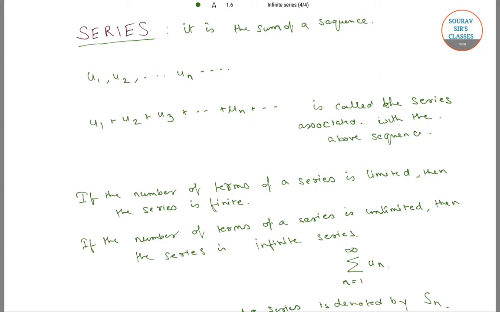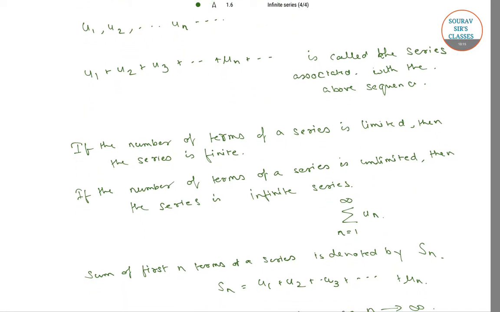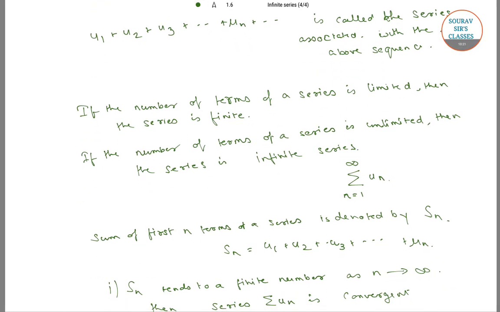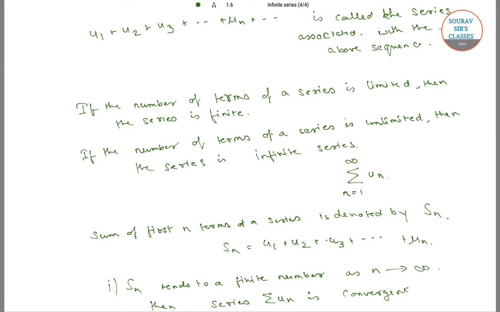So, a series is a sum of a sequence. Now, if the number of terms of a series is limited, then the series is finite. If the number of terms of a series is unlimited, then the series is infinite, denoted by summation n is equal to 1 to infinity un. Now, Sn denotes the sum of the first n terms of the series, that is Sn is equal to u1 plus u2 so on till un.